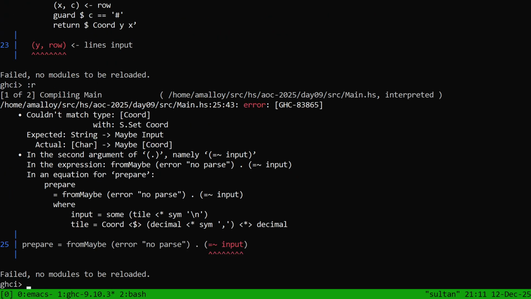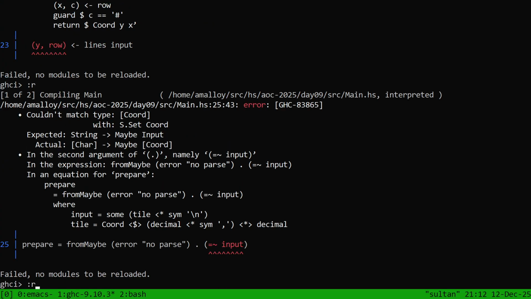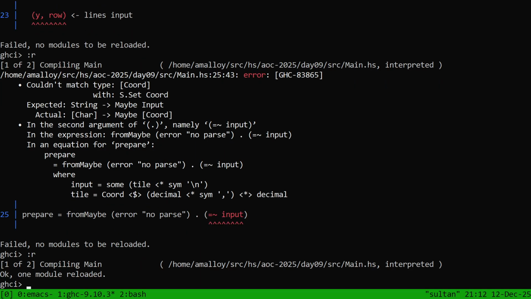Does this compile? Oh, yes, I do have to turn this into a set. Great.